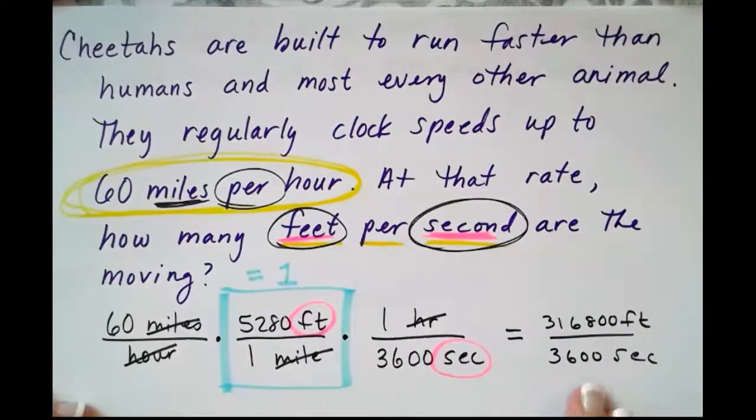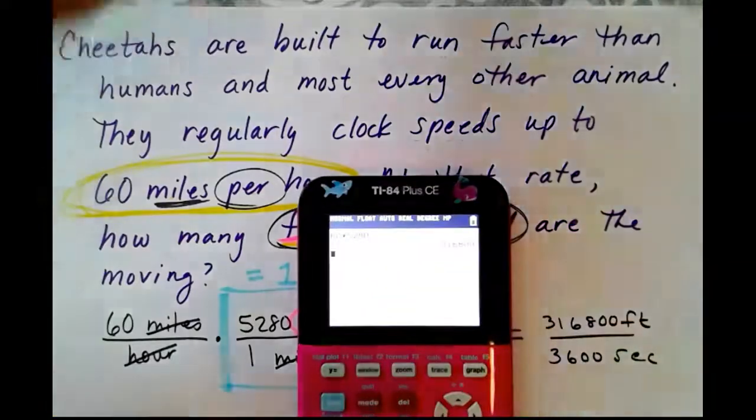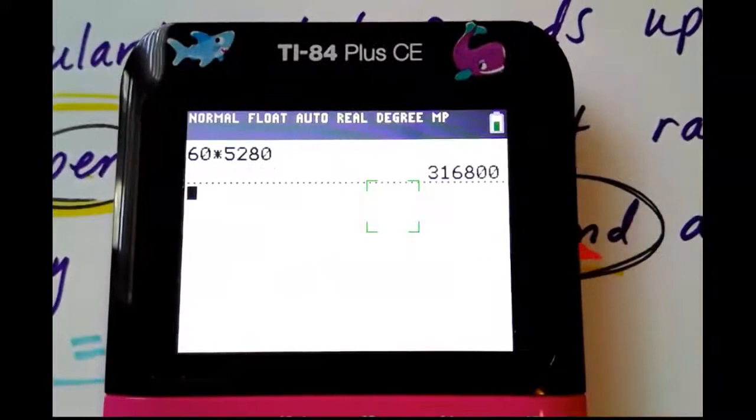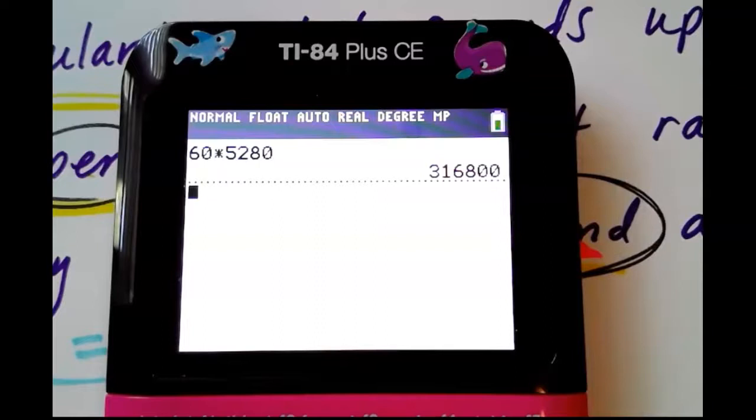So from there, we just need to do the division. So let's go to the calculator and let's do that division. So we have 316,800 feet, and that's going to be divided by 3,600.